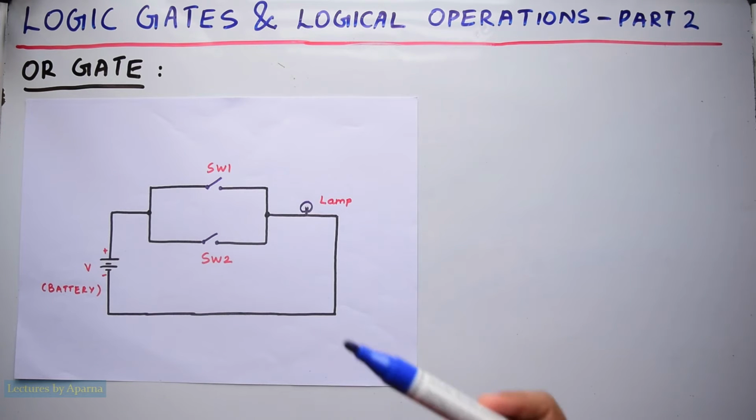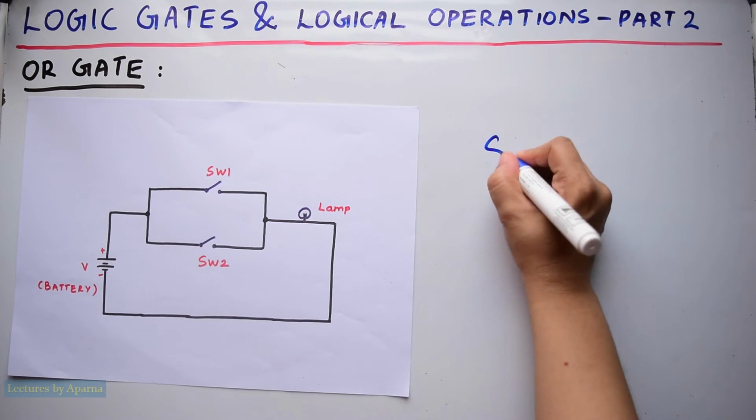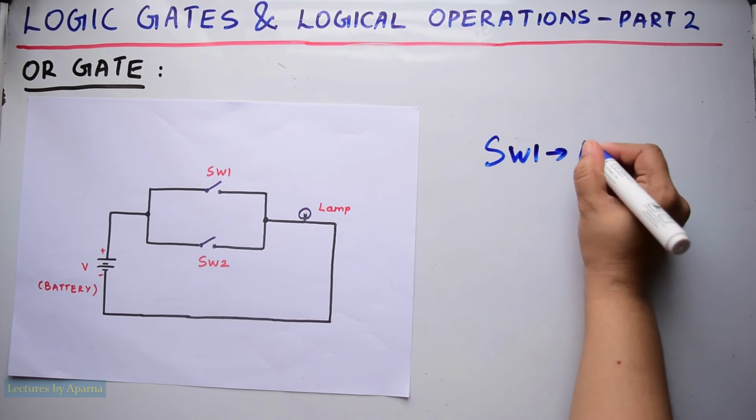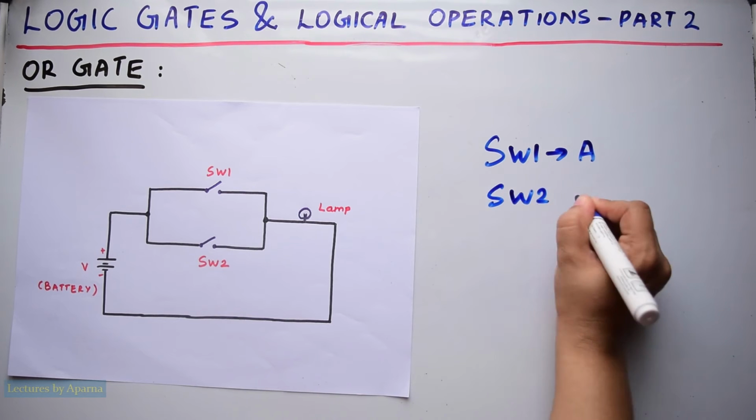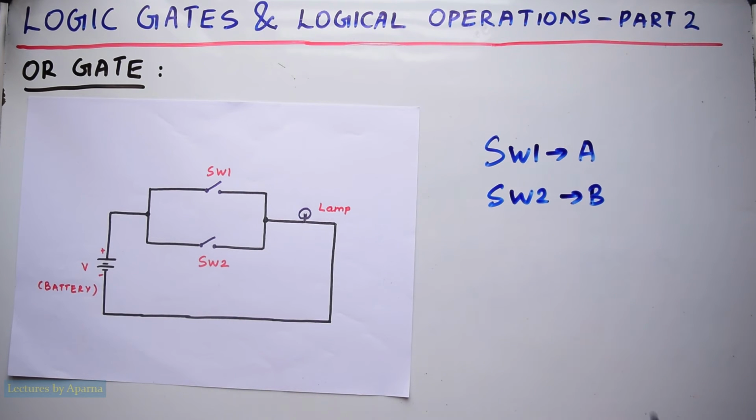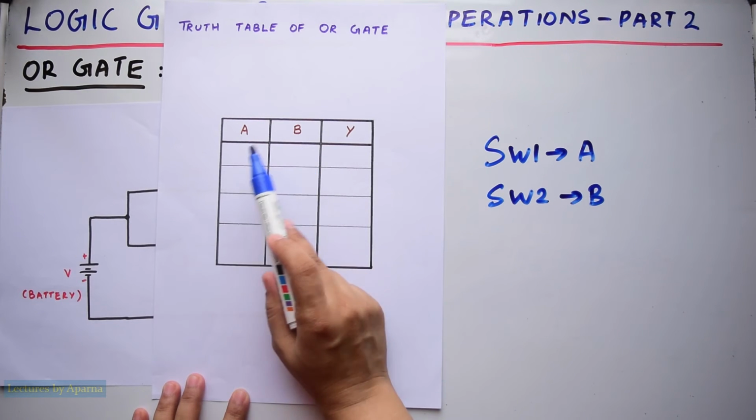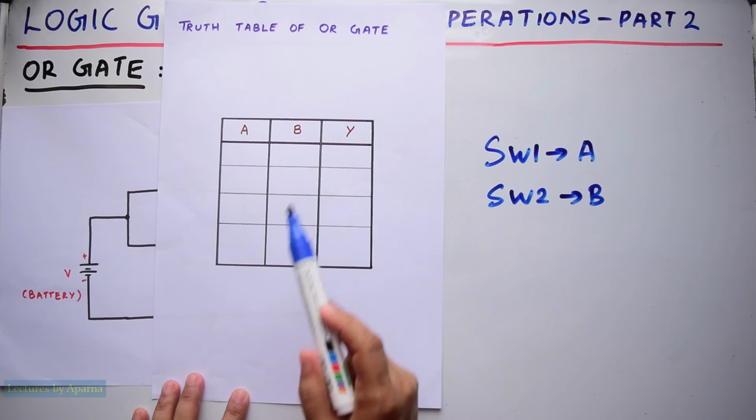Now we are considering these two switches as two binary values that are inputs to the OR gate. Let switch 1 represent input A and switch 2 represent input B. Now we will write a truth table for this OR operation. A and B are two inputs and Y is the output.